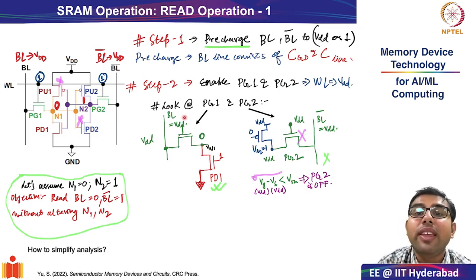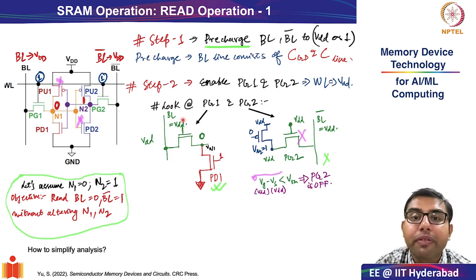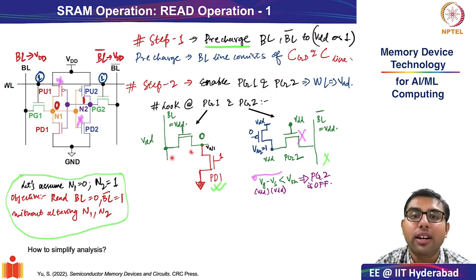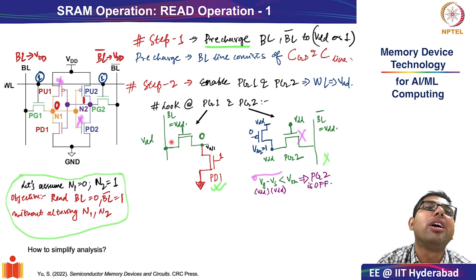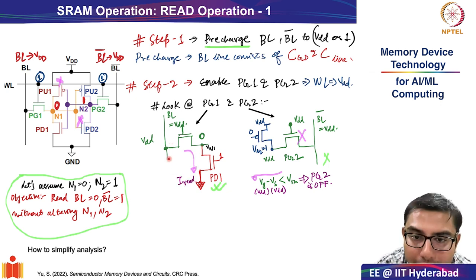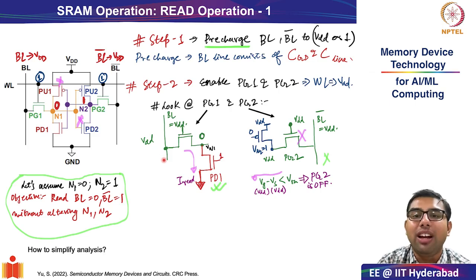What is at the word line, or the gate of the transistor? It is VDD. So here VGS is VDD minus 0, which is much greater than VTH, and therefore the NMOS over here, which is the PG1 NMOS, will turn on. Therefore, a read current will flow from the bit line into the storage node.